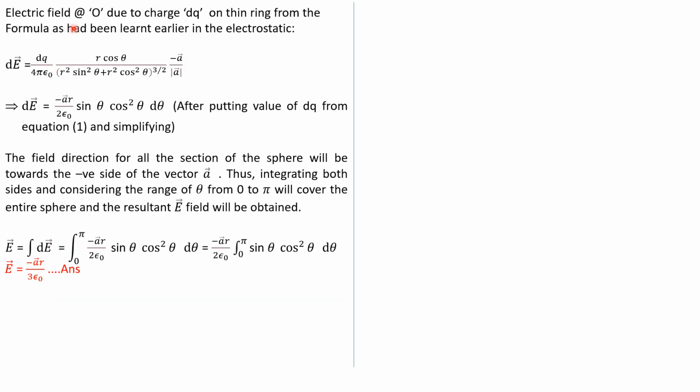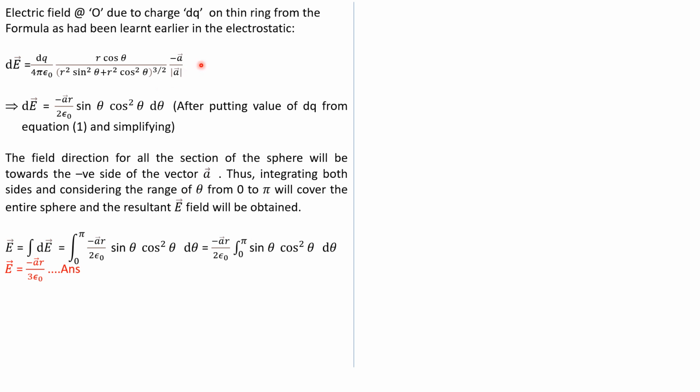So the electric field at O, that is the origin, due to charge dq on the thin ring, from the formula learnt earlier in electrostatics, can be expressed with this equation: dE is equal to dq by 4 pi epsilon naught, times r cos theta, divided by r square sin square theta plus r square cos square theta to the power 3 by 2.